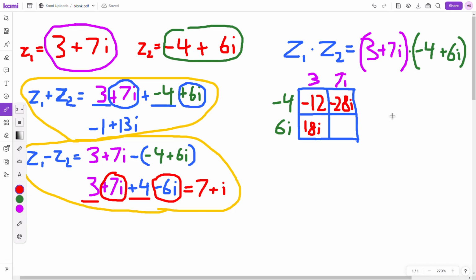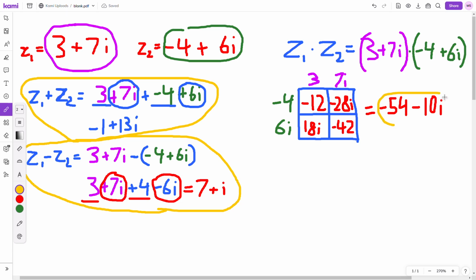And 7i times 6i is 42i squared, otherwise known as negative 42. And so what's the result? Well, we'll take the real parts and add those. Minus 12 minus 42 is negative 54. And we'll take the imaginary parts and add those together, and we get minus 10i. And that is our answer.